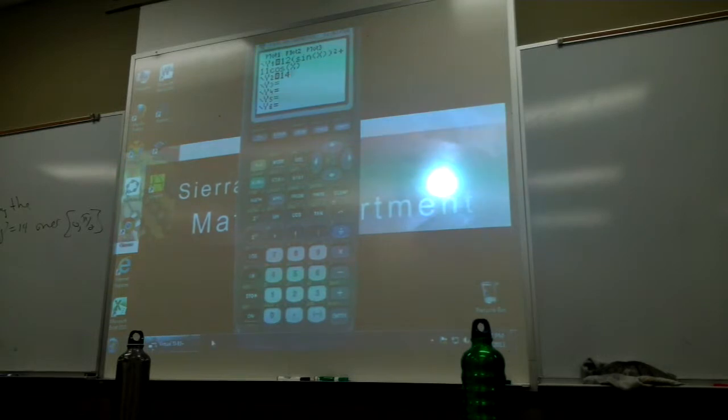Since I'm dealing with real numbers, I have to dive into my mode and make sure this is in radian mode, not degree mode. Oh, it is. But I seriously have to check that. I don't know what's been in here before me. And now when I graph, yikes. Is that your window? I think I should change it.